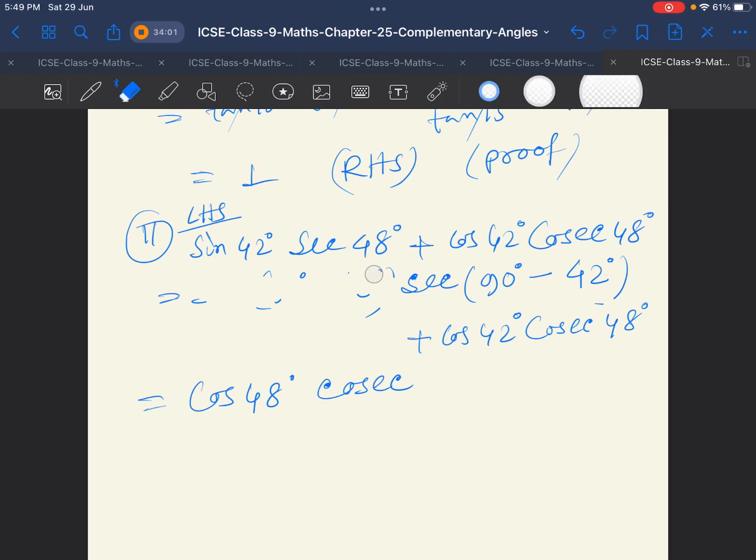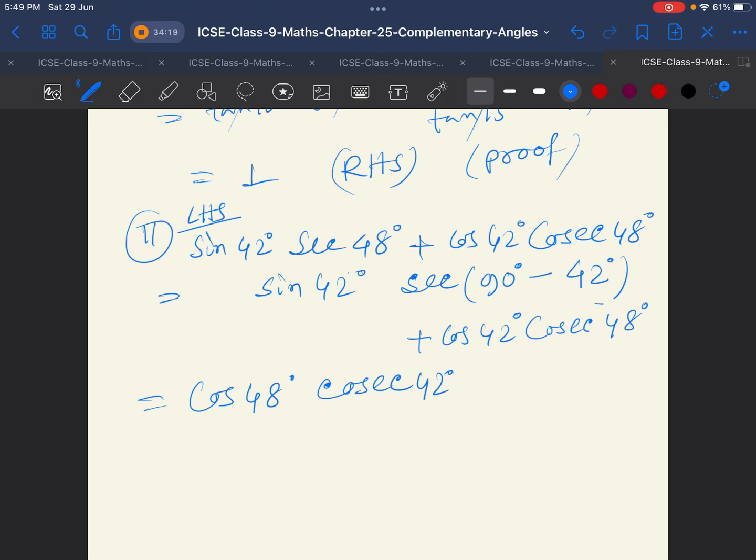Here we do not change this term, it will be the same 42, and this is sec 90 minus 42, cosec of 42 degree.